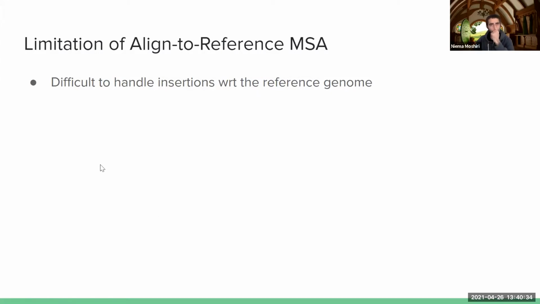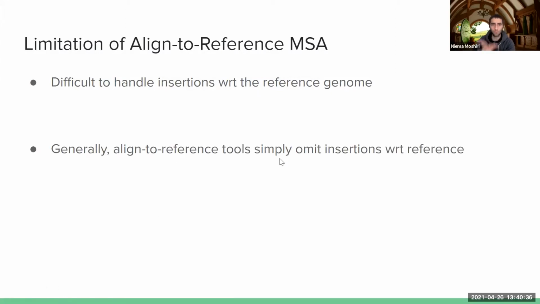So for the purposes of this, in general, you just throw out those insertions. You can keep matches, mismatches, and deletions with respect to the reference genome, but not insertions. Again, an insertion with respect to the reference genome is a letter that shows up in one of your collected samples but doesn't show up in the reference.